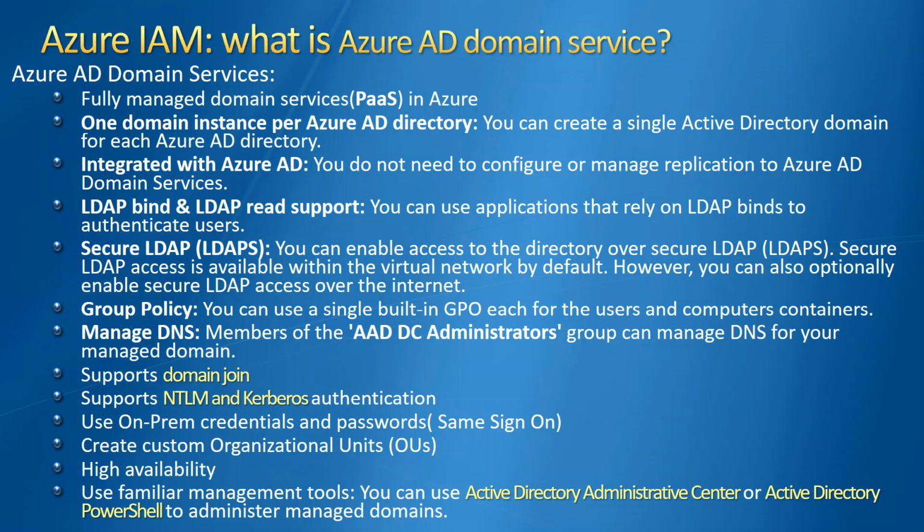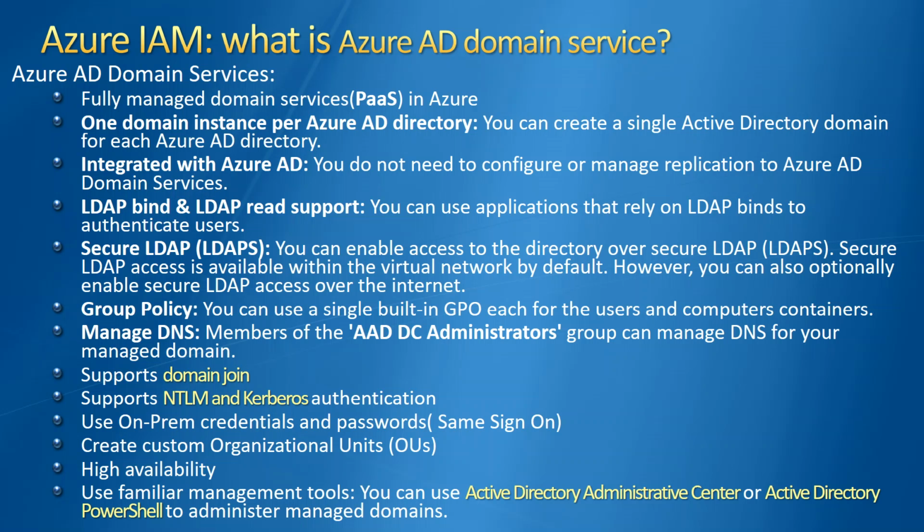The second is that Azure AD DS is integrated with your Azure AD, which we have all used when we log on to the Azure portal. Anybody who logs on to the Azure portal today, their identity comes from Azure AD. Now, what does it mean to be integrated with Azure AD? It means that any identities you have in Azure AD, along with the passwords and groups, anything and everything you have there will get synced into this Azure AD DS.